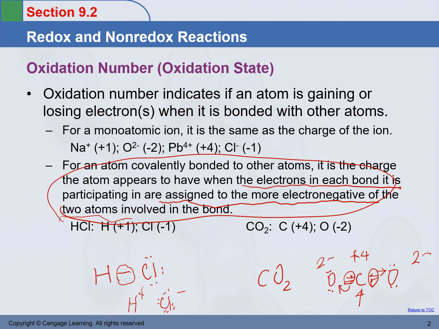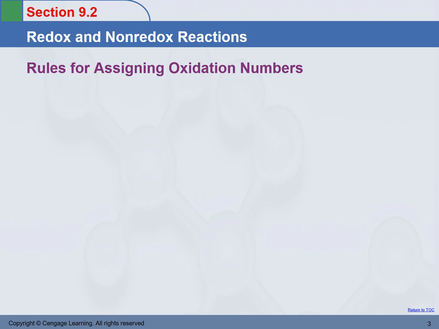Well, for more complicated formulas or compounds, molecules, it is not that easy to do this. Luckily, now let's go through some shortcuts for assigning oxidation numbers. But before that, let me remind all of us again about the purpose of learning oxidation numbers.